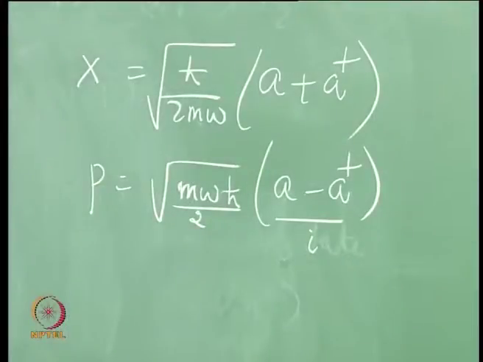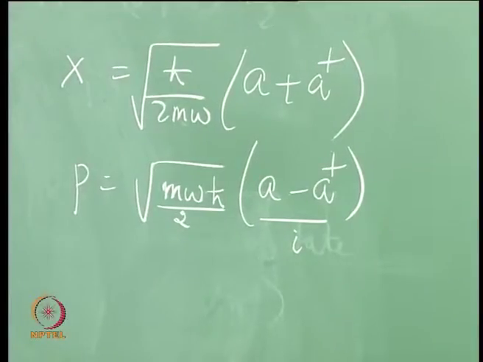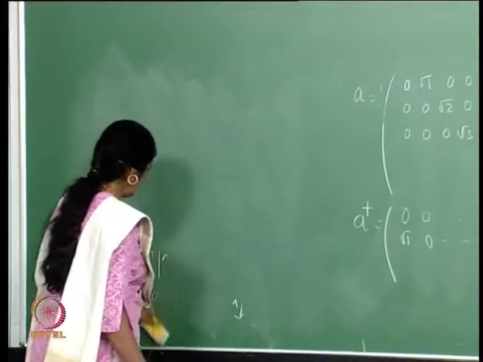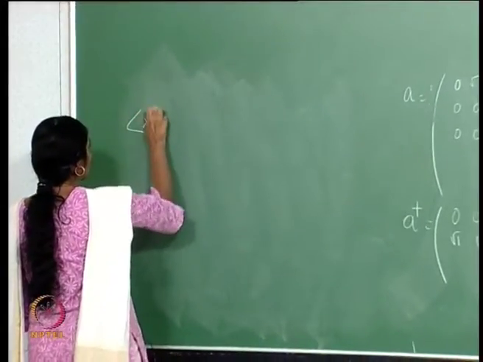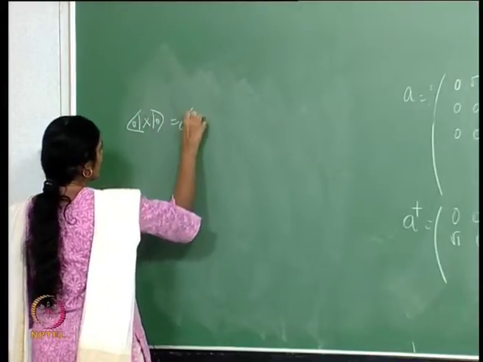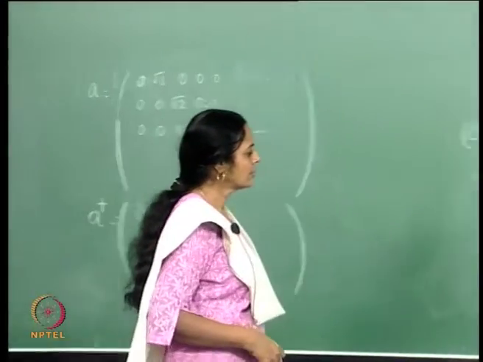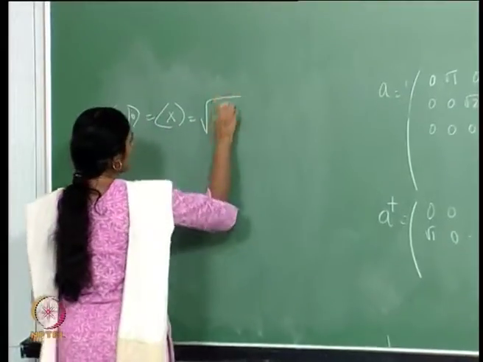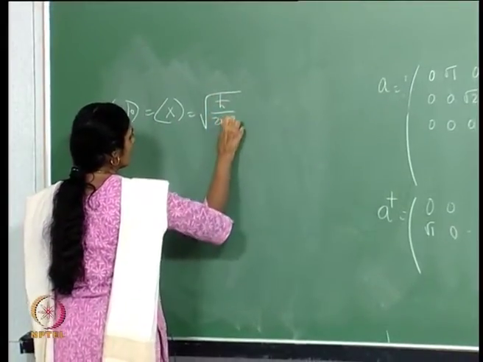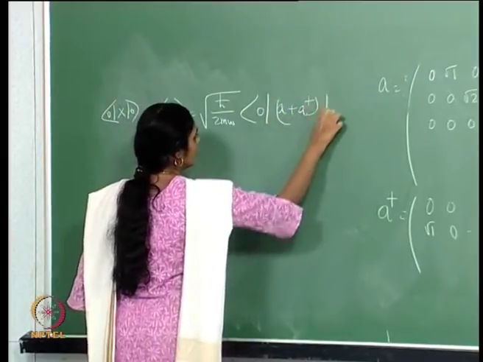So, now all I need to do is use this to calculate the expectation values that are needed to find out the variance. So, let us do that right away. First of all, expectation value of x in this state, my shorthand notation is just that. It is root of h cross by 2 m omega times expectation value of a plus a dagger in that state.